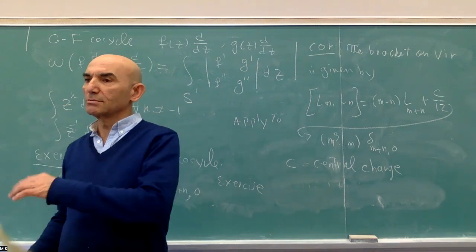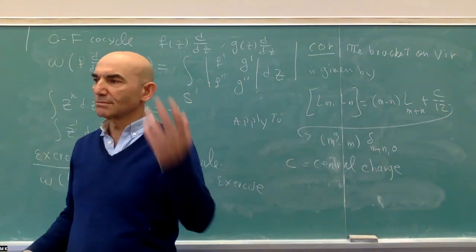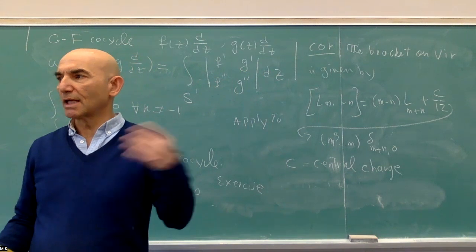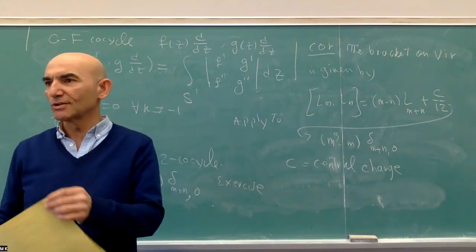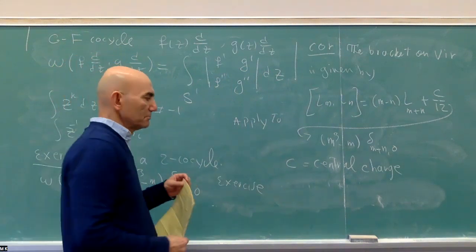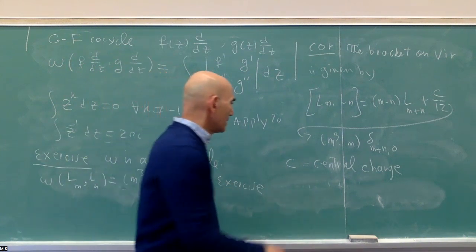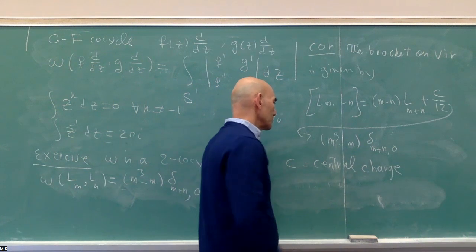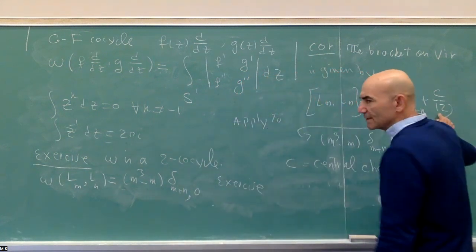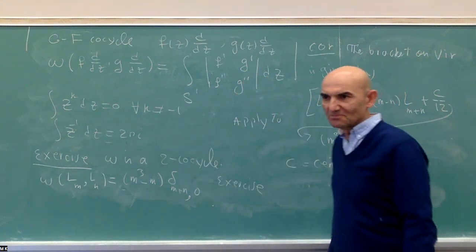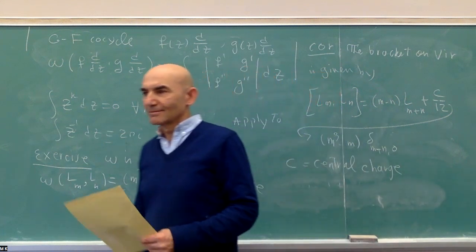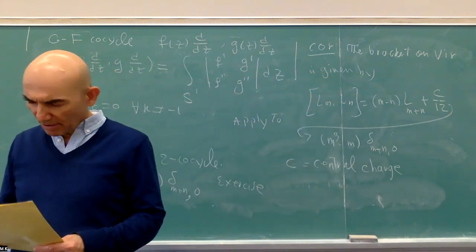Maybe we have to go into conformal field theory and the quantum mechanics aspect of it to understand why this was called central charge. Hopefully we'll get there sometime, but this is just called central charge, and this 12 is a convenient normalization. It's just a normalization. The rest I explained.